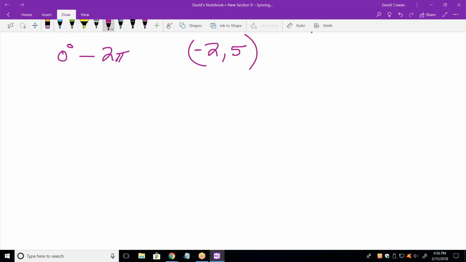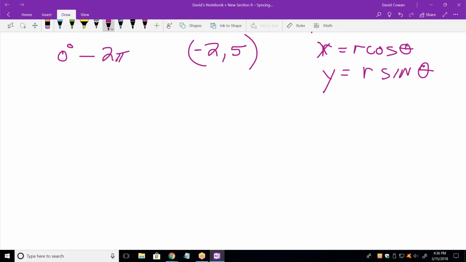The equations you have to memorize to relate polar to rectangular are these. R equals... X equals R cosine theta, and Y equals R sine theta.